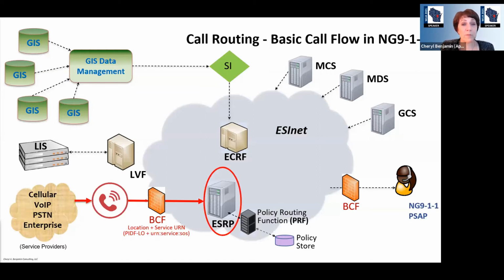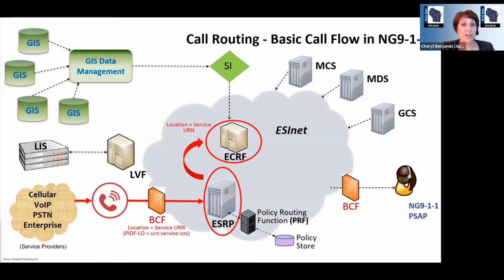Now the Emergency Service Routing Proxy, the ESRP, remember that's your traffic cop. He's out there looking for those SOS calls. And they're going to recognize the SOS service request, and it's going to send that location in PIDF-LO format along with the SOS service request to the emergency call routing function, or the ECRF. So now the ECRF, this is where a lot of GIS activity occurs.